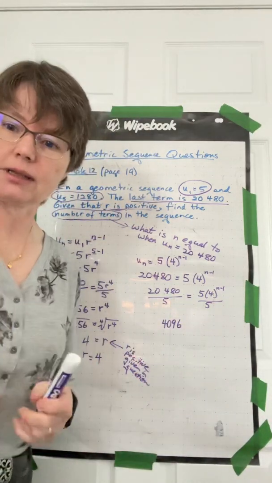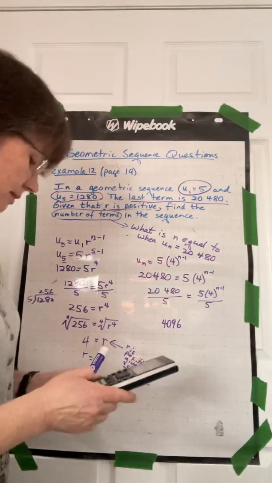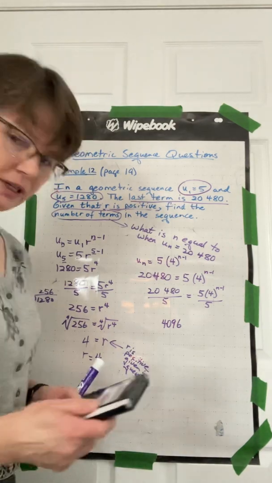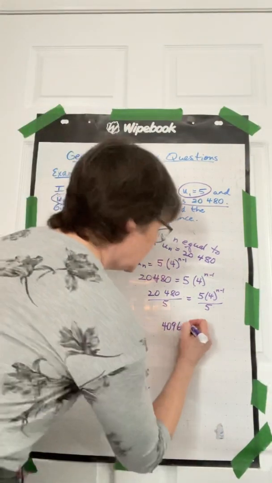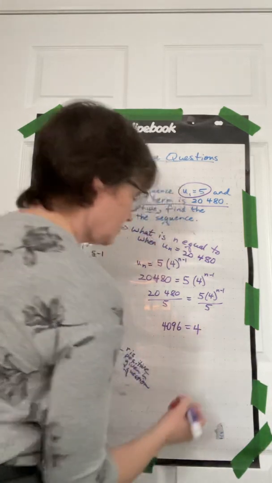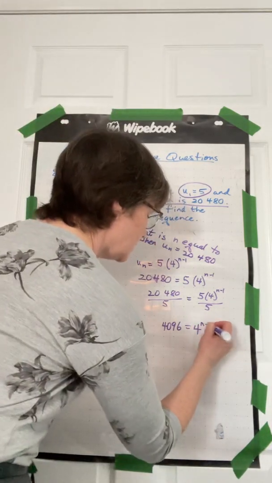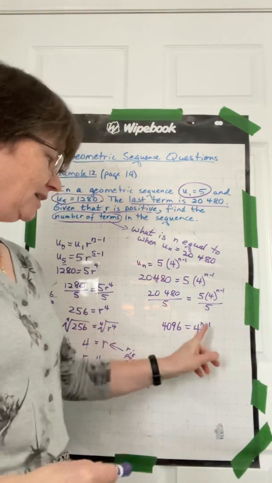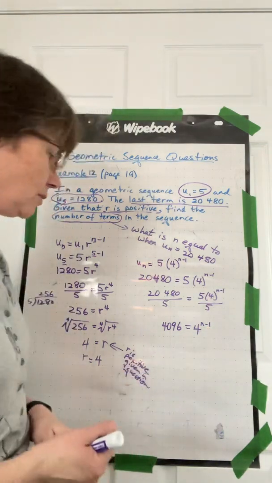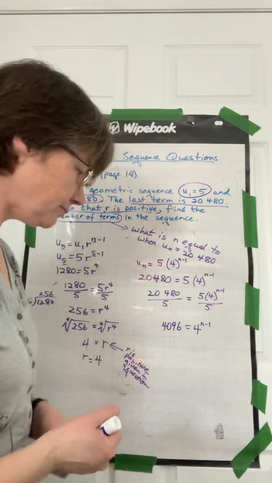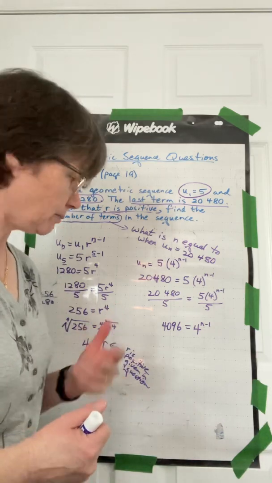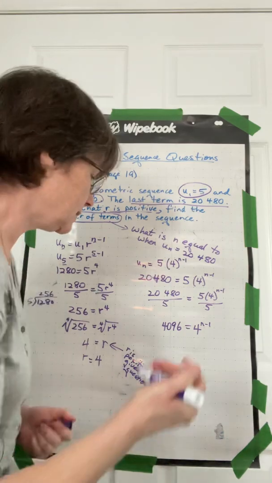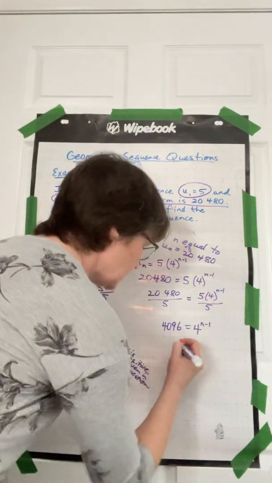Okay, I'll just double check that in the calculator. 20,480 divided by 5 is 4,096, which equals 4 to the power of n minus 1. All right, let's remember our logarithms because we need to solve for this exponent. So remembering logarithms, we can either log both sides of the equation, log base 10, or we can rearrange into a log statement, which is what I'm going to do.